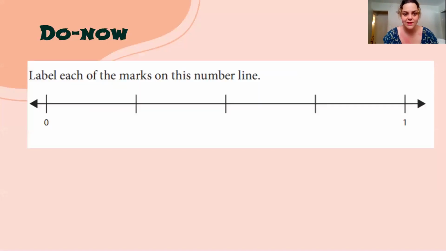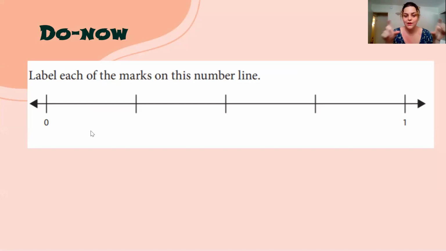Actually, before we go into our claim, on Friday, I posted a video for Number Corner, and it was all about plotting fractions. So I want you to start off with the do now, which should review what I asked you to do last week. So make sure you get your math notebooks out and you're excited and ready to go.